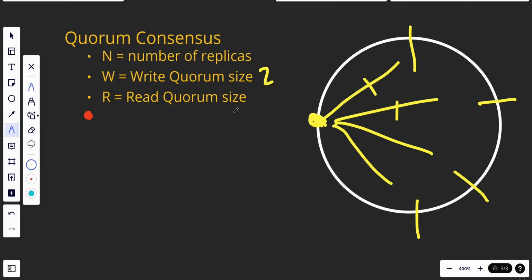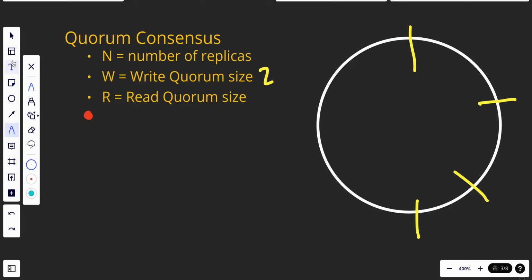That means a write quorum size of 2, and the same thing with R. If I make a read request, I need to get a response from 2 node replicas to make sure this read request is successful. Let me make the coordinator look quite better than that.